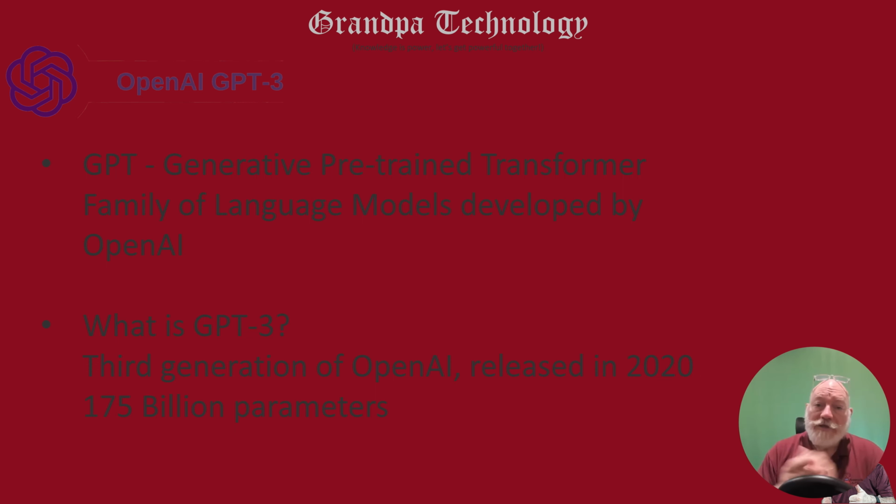And some cool things about the third generation is there's 175 billion parameters. Think about that. And to think it's still not quite a human, to think about how many parameters we have that we don't recognize that we have. That's what GPT is and GPT-3 is. So just to understand that, let's go on to the next thing.